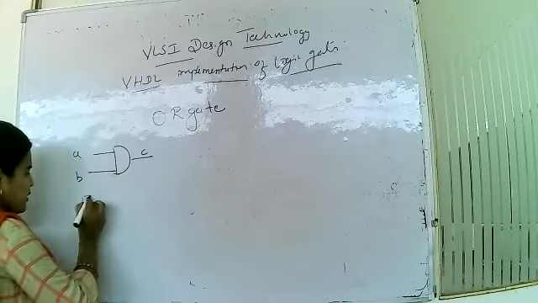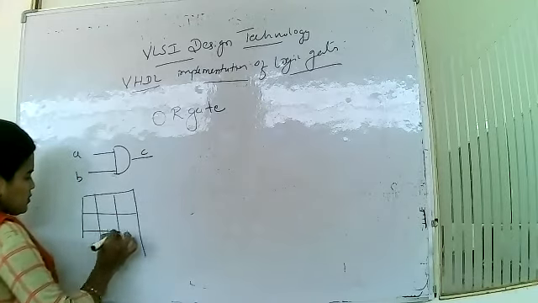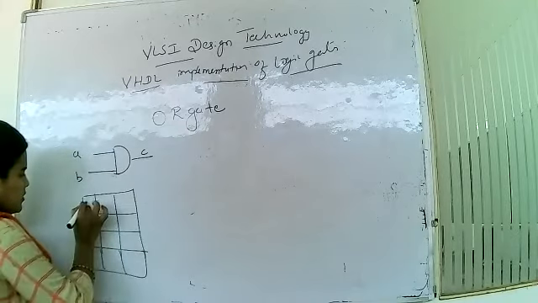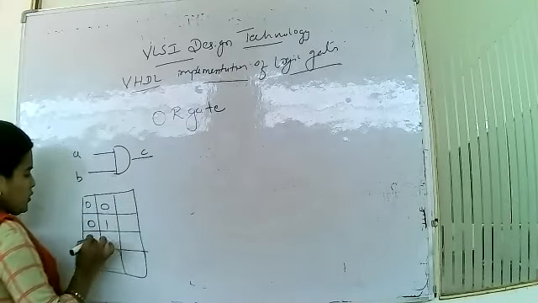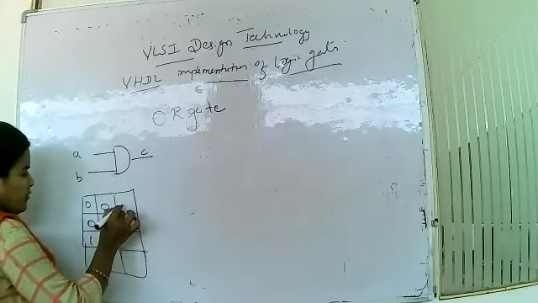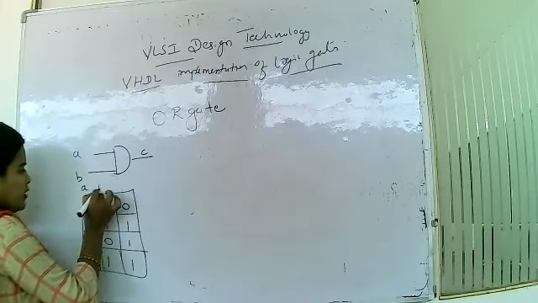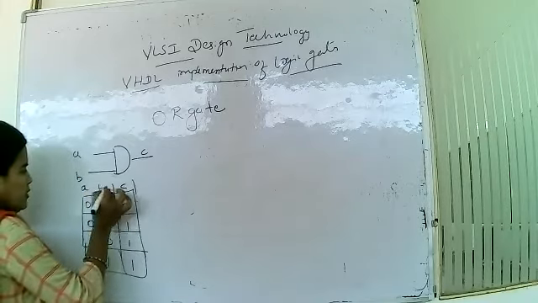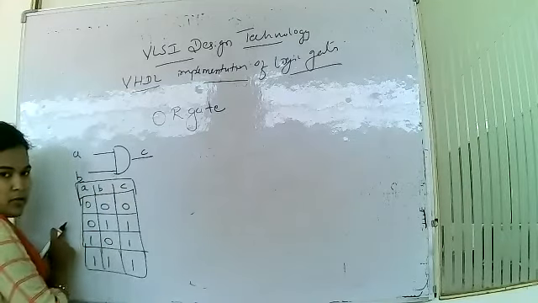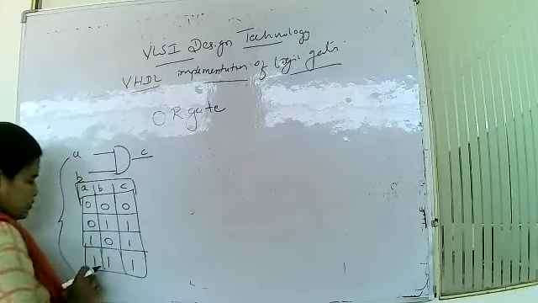The table inputs are 0 0, 0 1, 1 0, 1 1, with C as the output. We already studied this in the second year digital electronics subject.